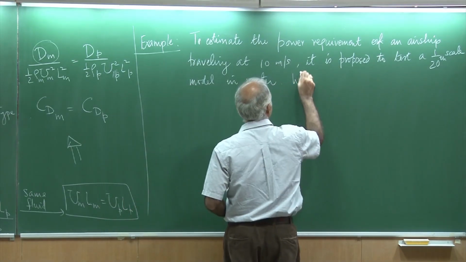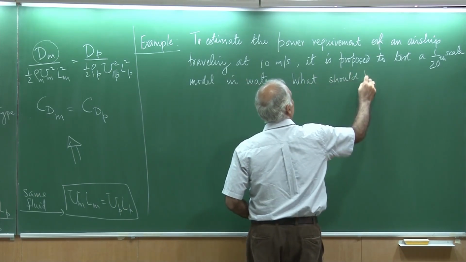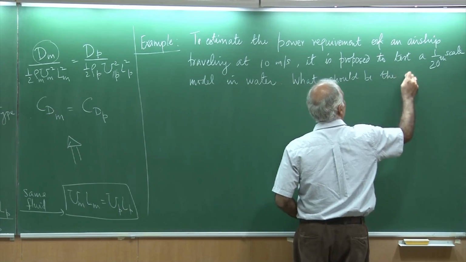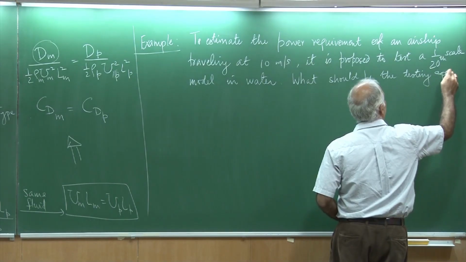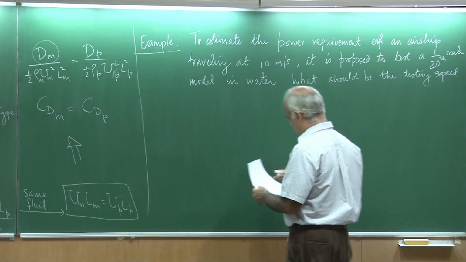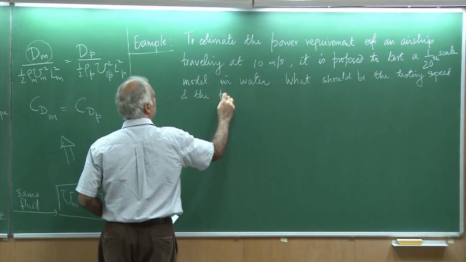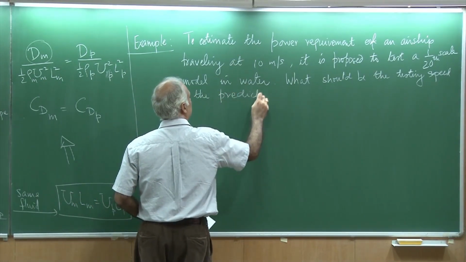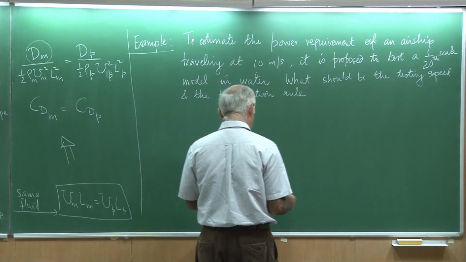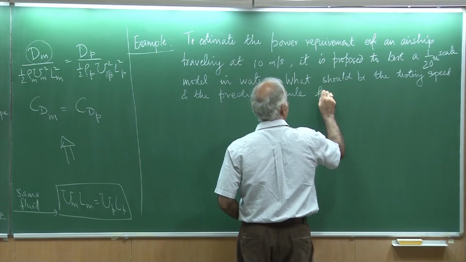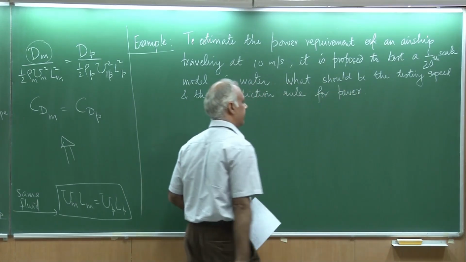What should be the testing speed? And the prediction rule for power.